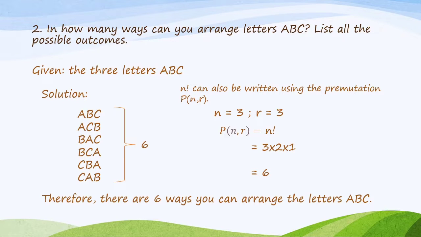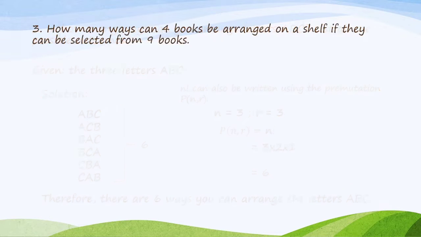Therefore, there are 6 ways you can arrange the letters ABC. Again, the possible outcomes are ABC, ACB, BAC, BCA, CBA, and CAB.